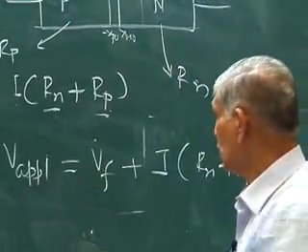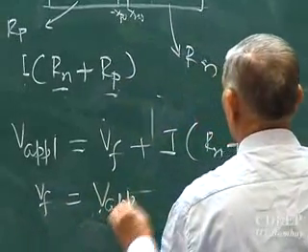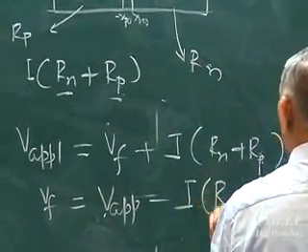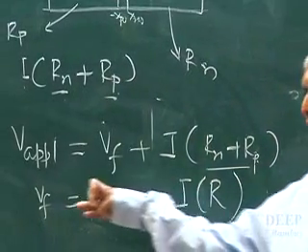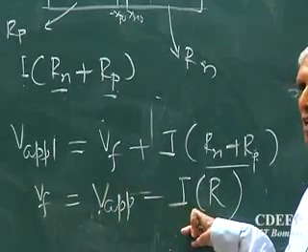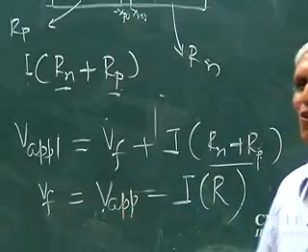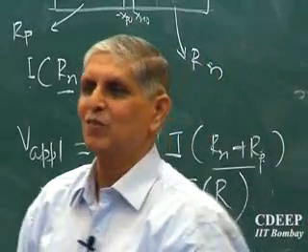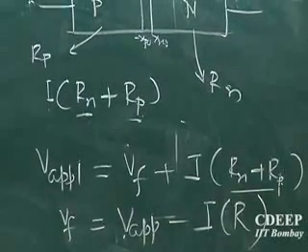So the voltage across the junction is the applied voltage minus I R, where R is the total series resistance. So the larger the Vf, the larger is I, and this will subtract. It will try to balance itself at the end, and at no time will Vf cross V0.